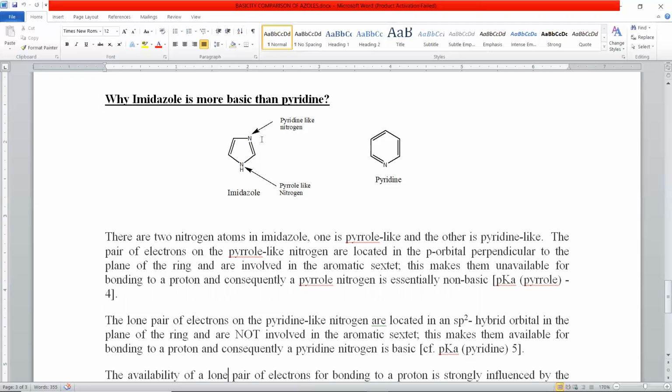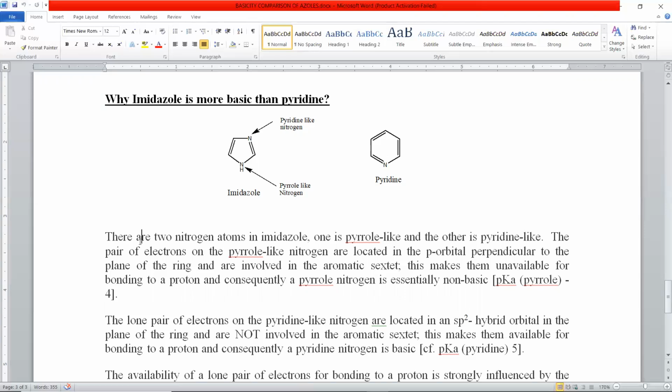Therefore, the nitrogen atom at position 3 in imidazole and the nitrogen atom in pyridine are the same. Both are sp2 hybridized and contain the lone pair of electrons in an sp2 hybrid orbital.